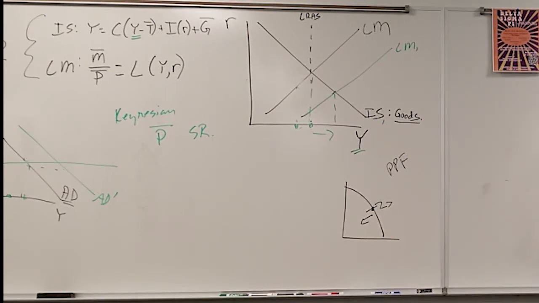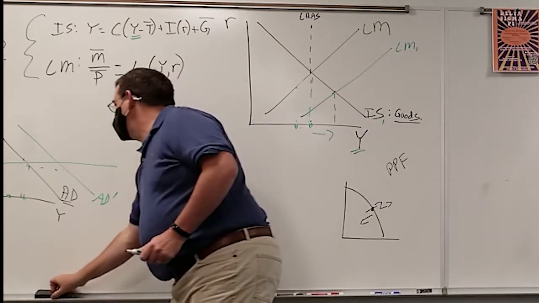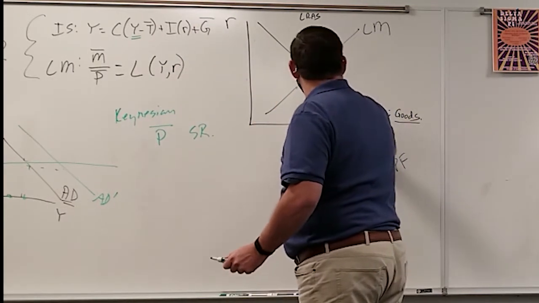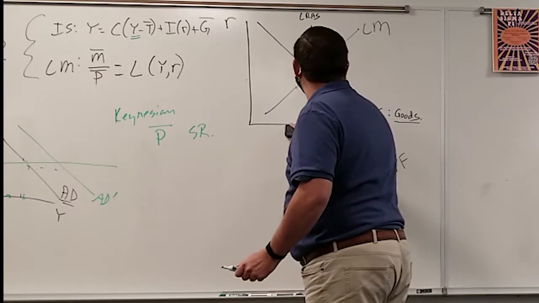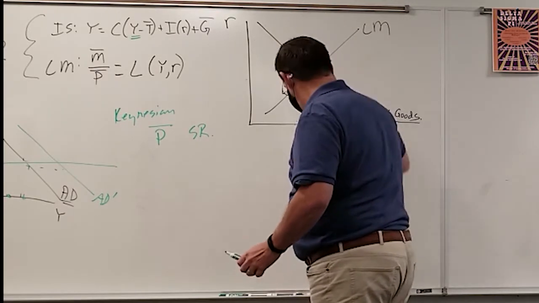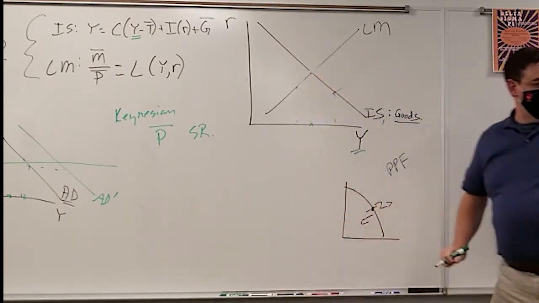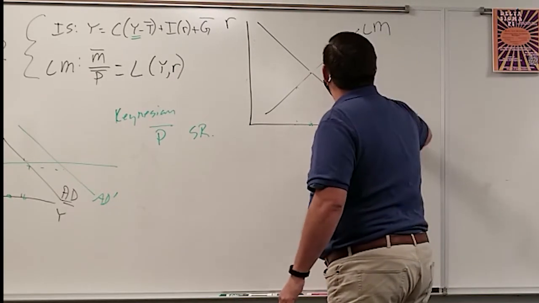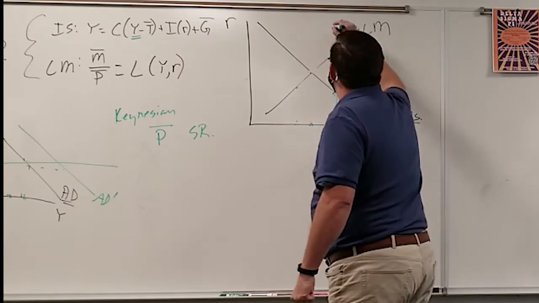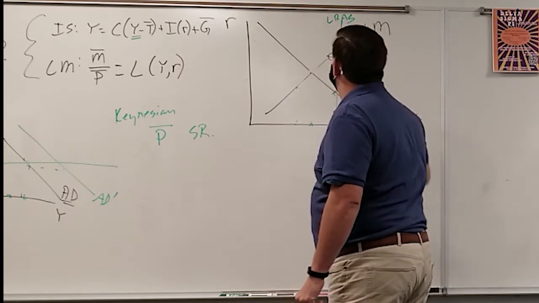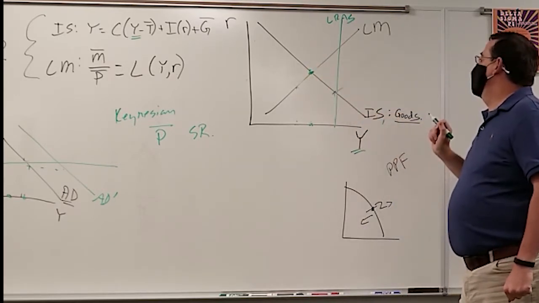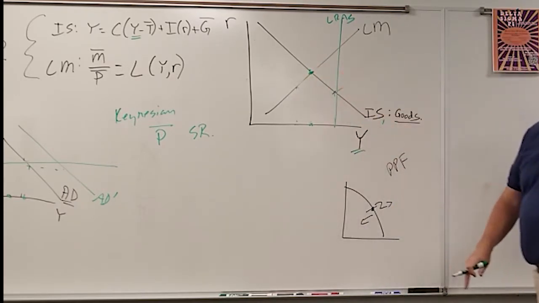So suppose that initially we're in a world where, for whatever reason, in the short run we have our IS curve and we have our LM curve. Let's suppose for whatever reason we're not in an equilibrium that produces full output.